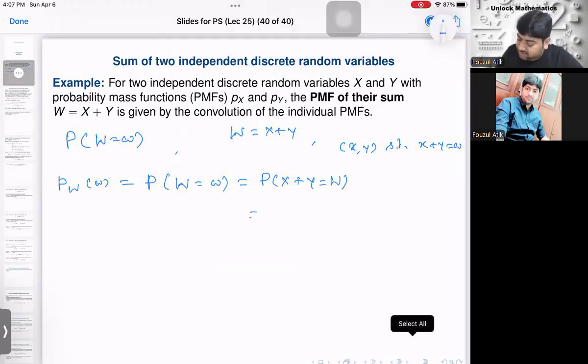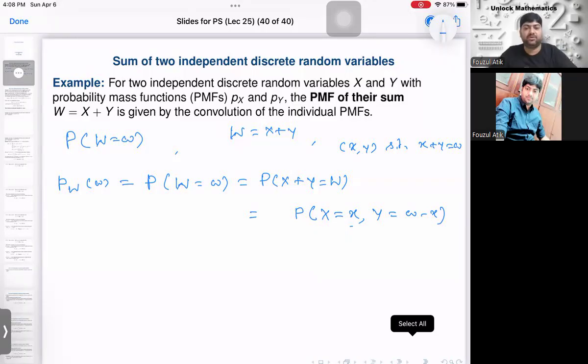Now there are several x and y for which x plus y will be equal to w, right? So if I take capital X equal to x, then what is the value of y? Y is equal to w minus x. But is it true for only one x? It is true for several x, right?